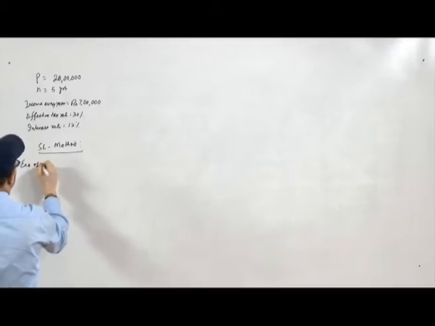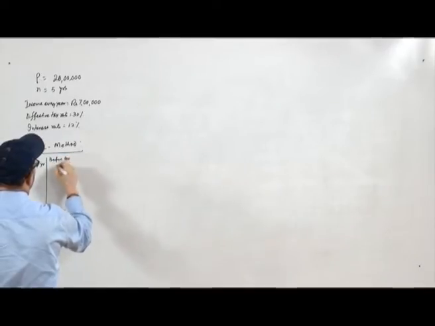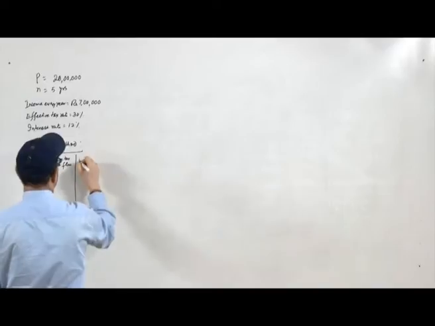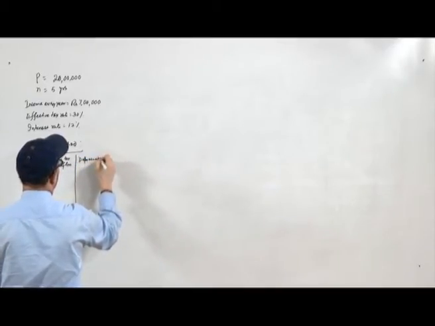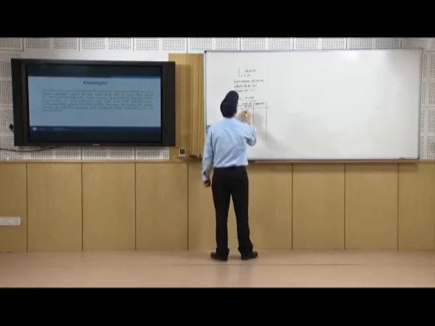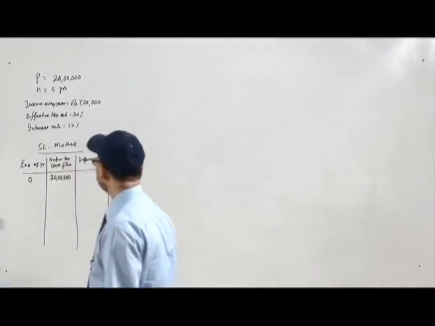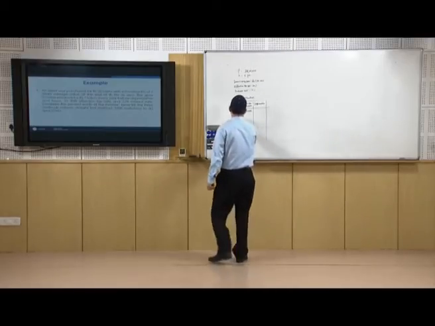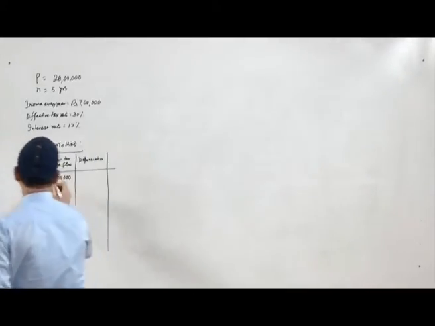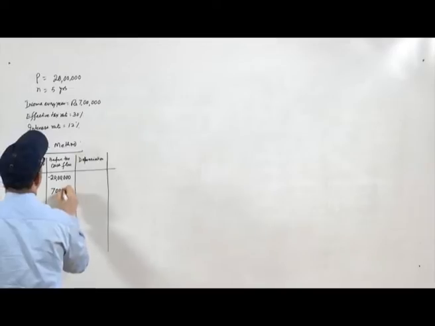You have end of year, before tax cash flow, and depreciation. In year 0 you have 20 lakhs of first cost, which is minus, and in the first, second, third, fourth and fifth year you have an income of 7 lakh every year.